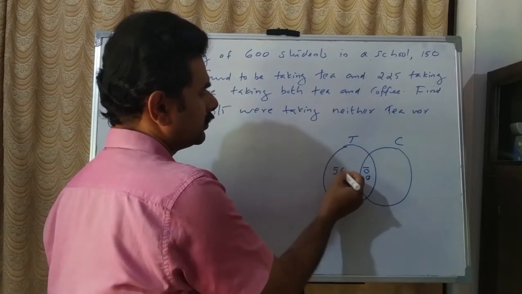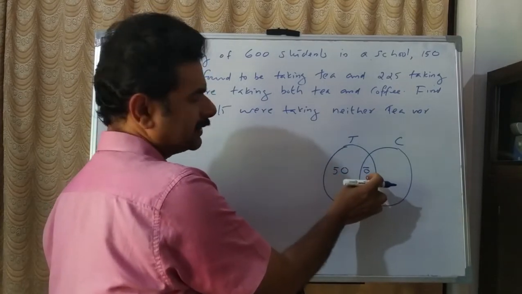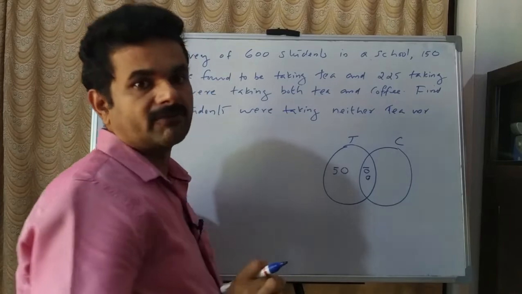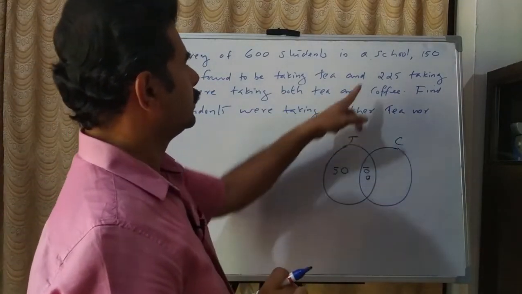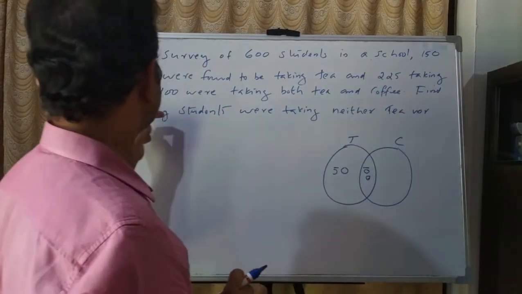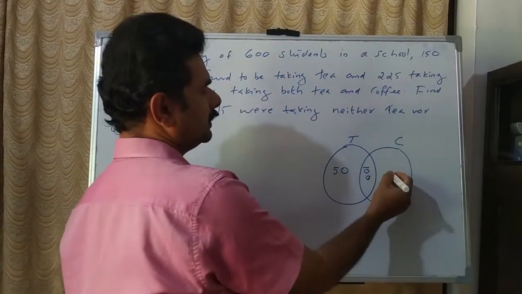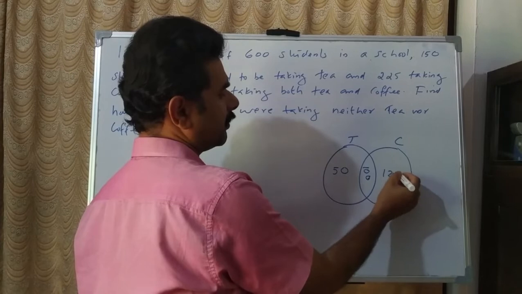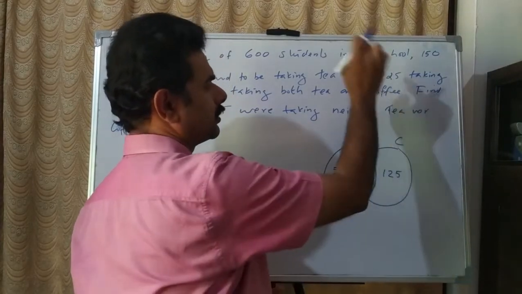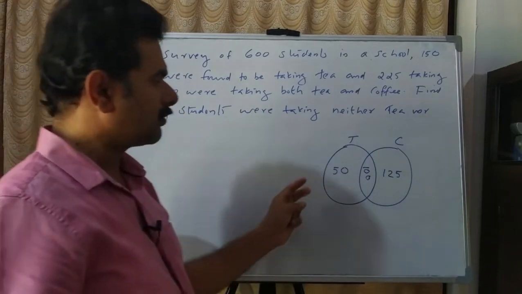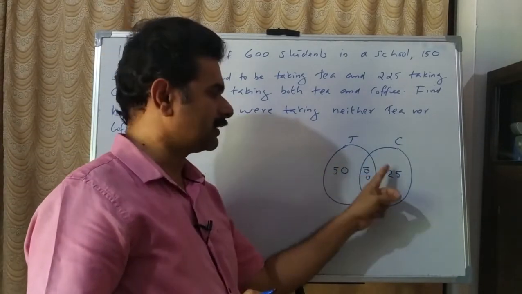So I am writing 50 only because 100 is here, 100 plus 50, 150. Similarly, 225 taking coffee, but it is enough to write 125 here, 125 plus 100, that is 225. So all the regions are filled.